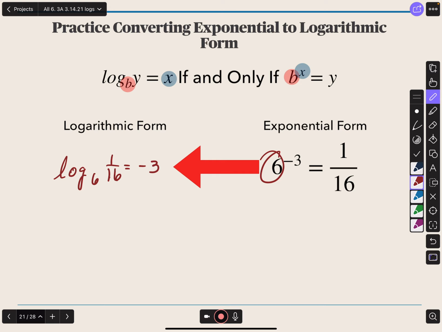In fact, I know it's not, because 6 to the -3 is not 1/16. 6 cubed is 36 times another 6. I think it's 216 is what that should be. So I'm going to make that correction. 216 is what it should be. That's just a number mistake on my part.